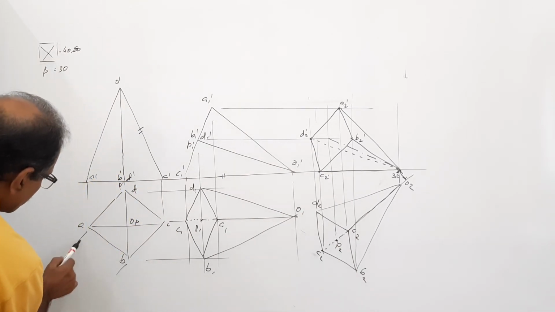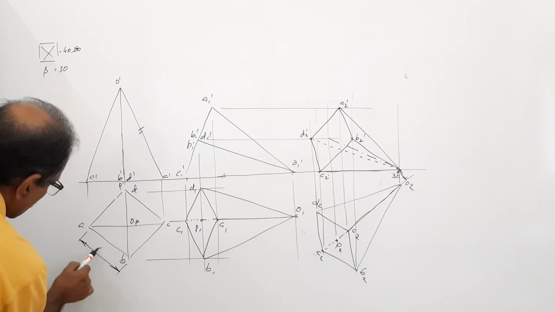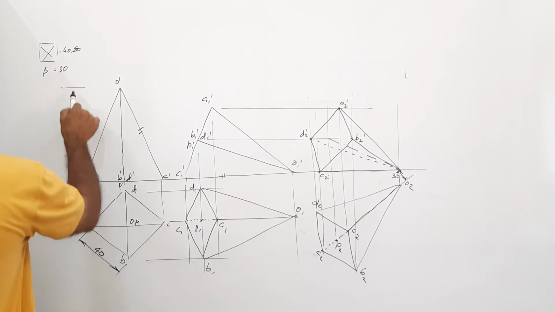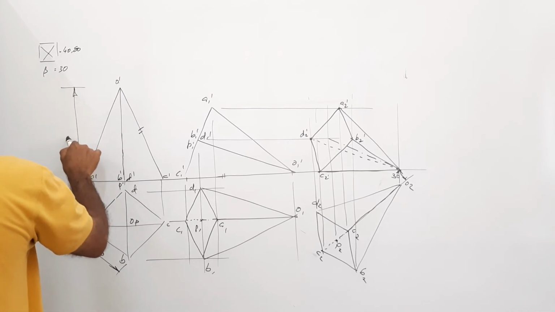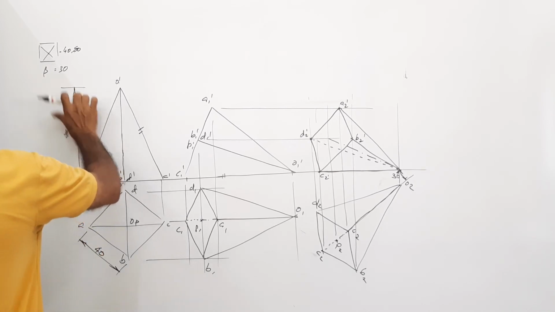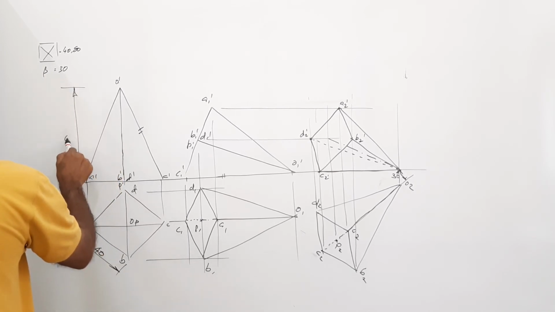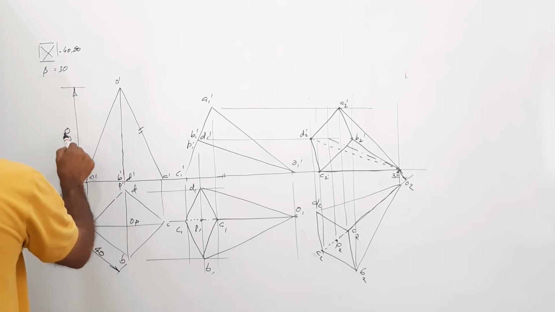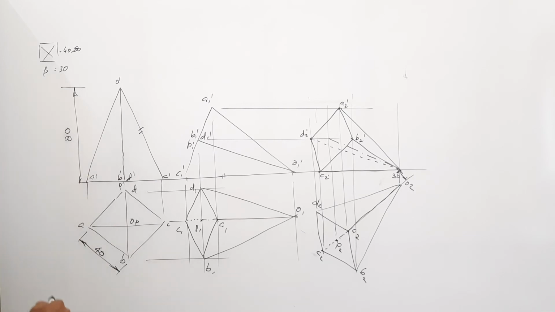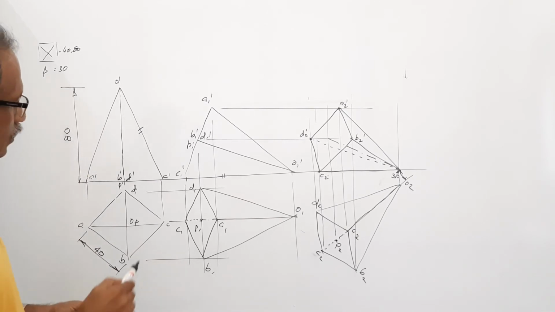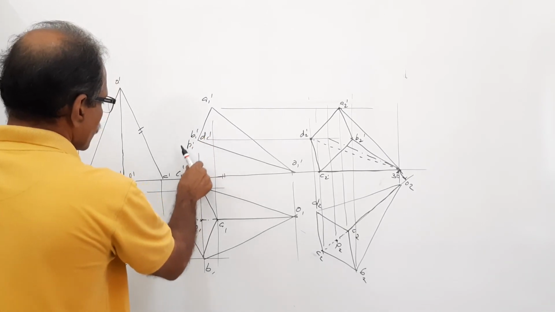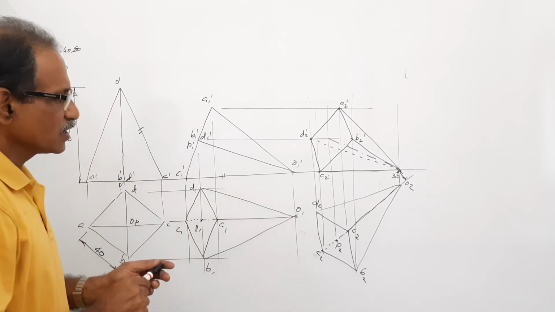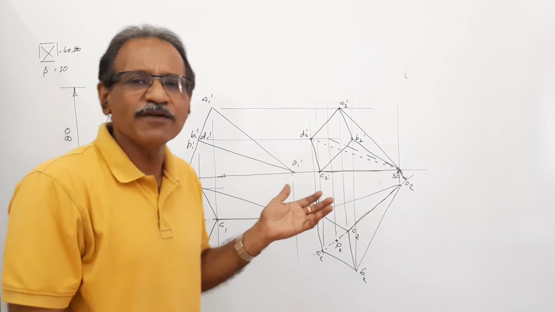This is 40. This is 80. Very simple question, since there are only 6 points.